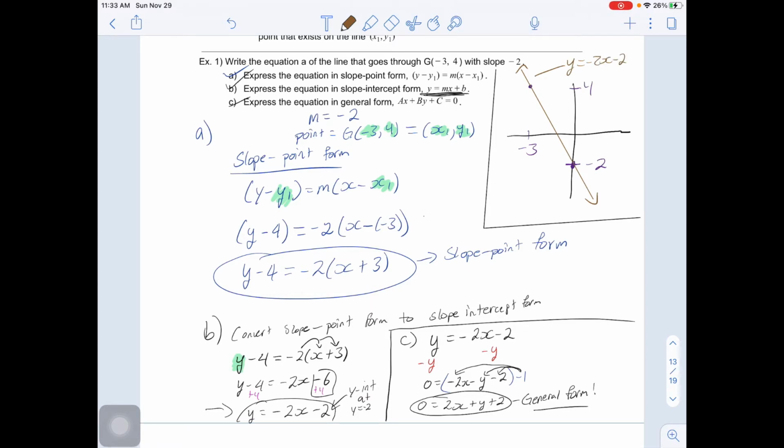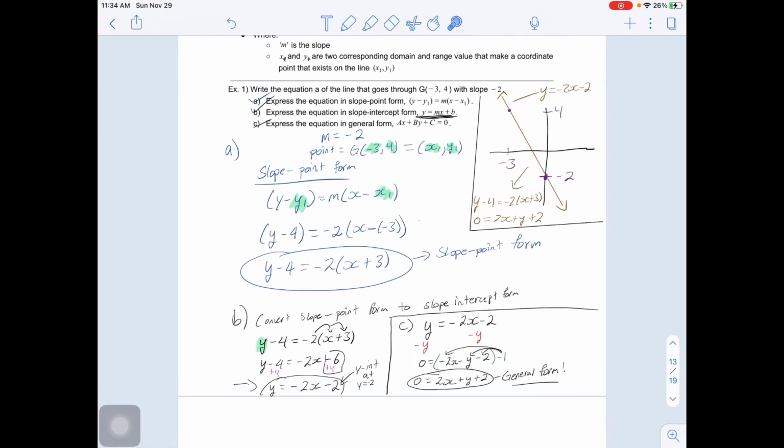We could also state it as the equation y minus 4 equals -2x plus 3. Or you could even represent it as 0 equals 2x plus y plus 2. So all of these equations are representing this single graph. Okay? It's all the different names this graph goes by.